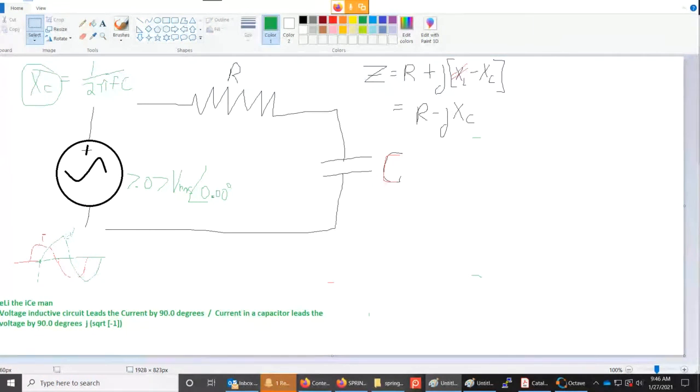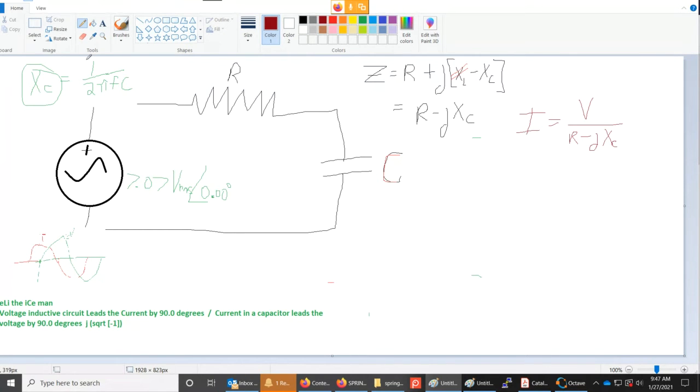So in an AC circuit, the current is equal to the voltage divided by the impedance. All right, and so if I have a resistor here and I have a capacitor here, then that means it's going to be the resistance minus J times X of C.